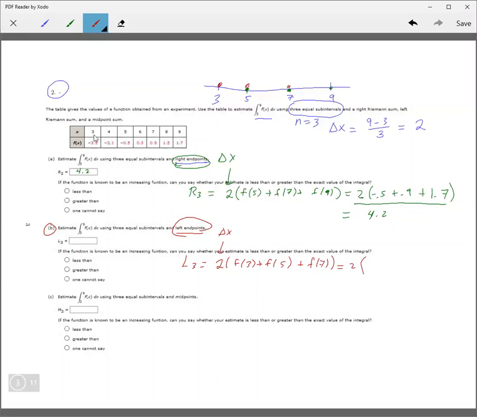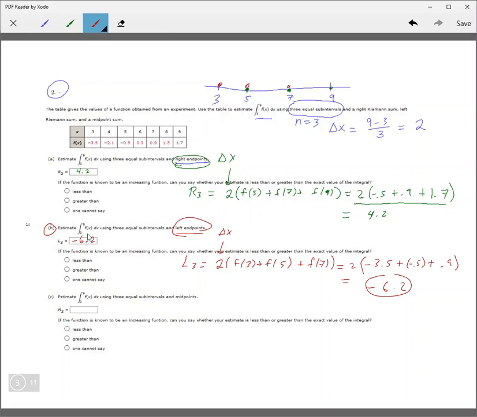So f of 3 is negative 3.5, and f of 5 is negative 0.5, and then f of 7 is 0.9. And this actually turns out to be negative 6.2.